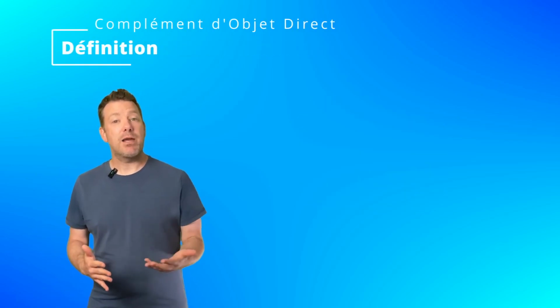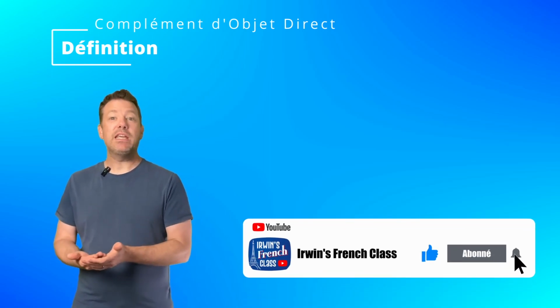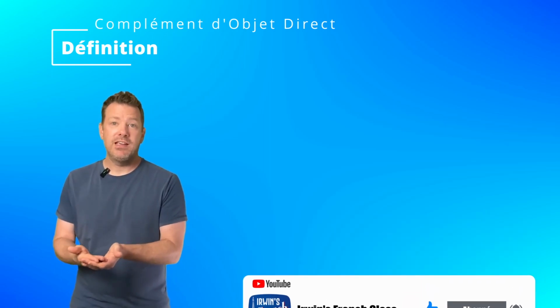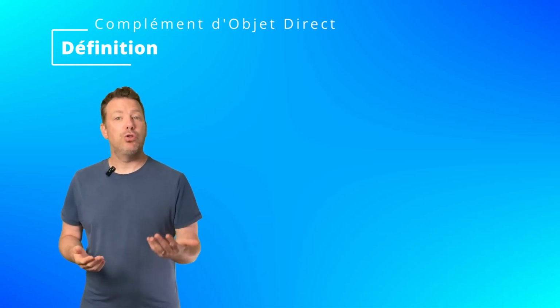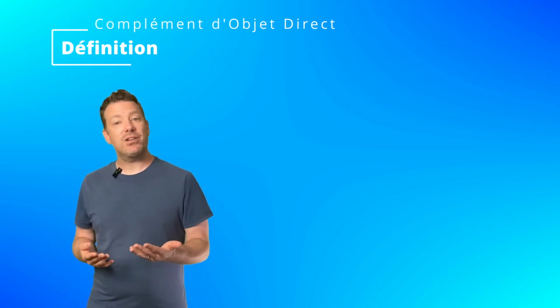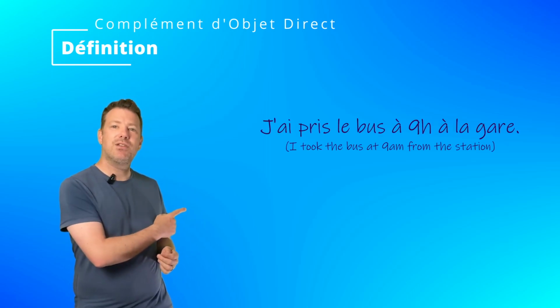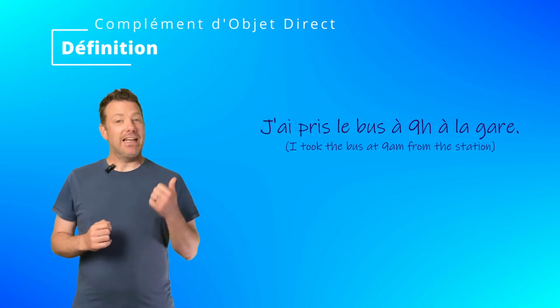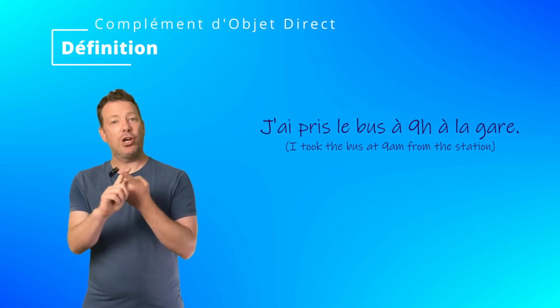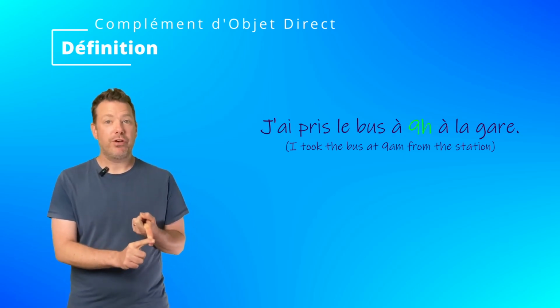C'est parti. A direct object is a type of complement, often a noun or a nominal group, either person or thing, that directly completes the verb. There are several types of complement necessary to complete the meaning of the verb. Please consider this simple sentence. In this sentence, there is a complement of time related to the timeline of the action, 9 heures.